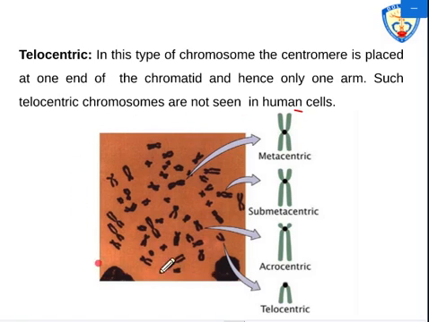Now this image shows the 4 different types of chromosomes based on the position of the centromere: metacentric, submetacentric, acrocentric and telocentric. They are I-shaped, J-shaped, L-shaped and V-shaped chromosomes.